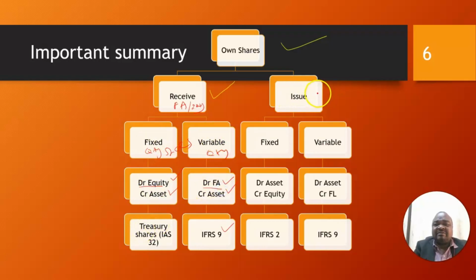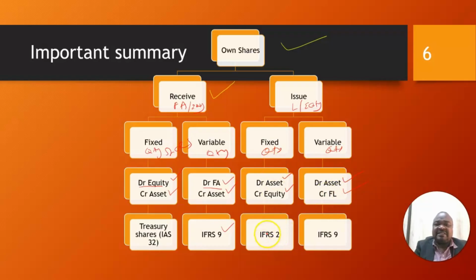But in this case now, here we are also talking of the liability or equity situation. If we are issuing a fixed quantity of shares, then we are going to debit asset and credit equity. But if we are issuing a variable quantity, we are going to debit the asset and credit the financial liability, right?